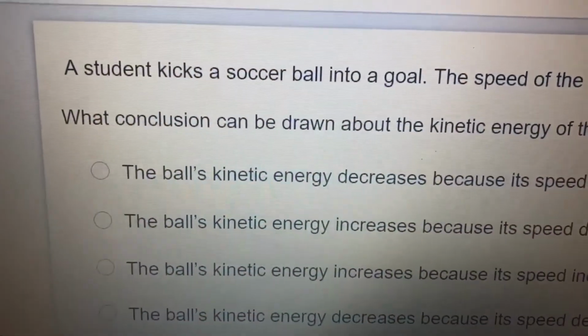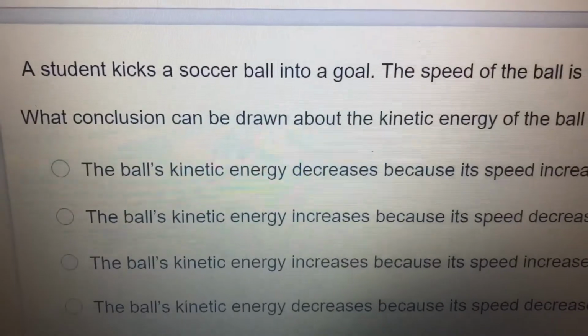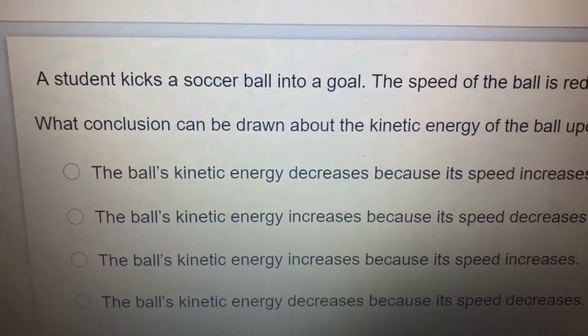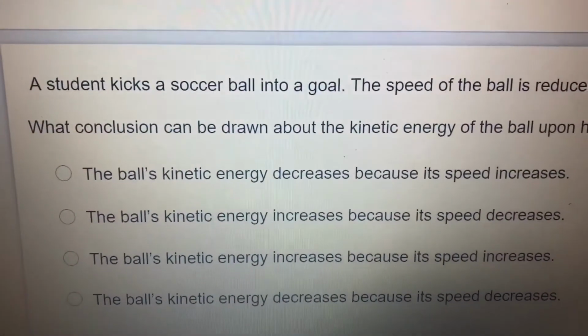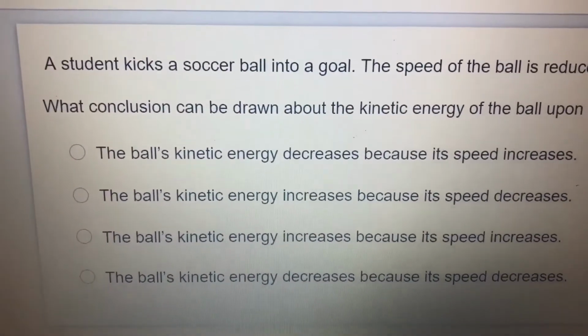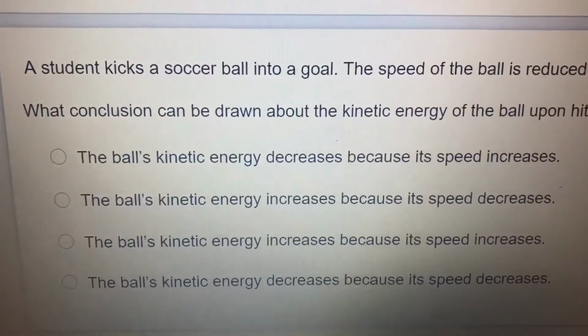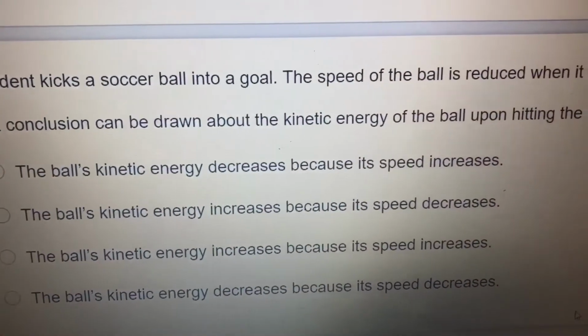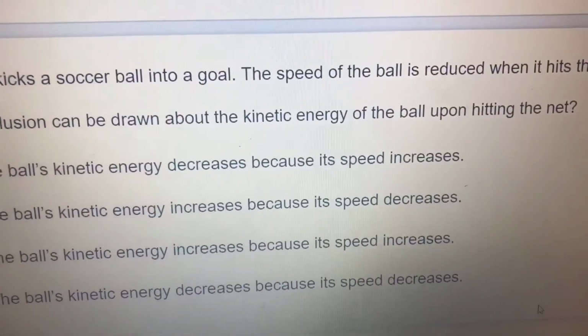All right, so a student kicks a soccer ball into a goal. So there is a student. So let's create that mental picture. You can either put yourself in there or your friend or your brother or your sister. So the student kicks the soccer ball into the goal and the speed of the ball is reduced.